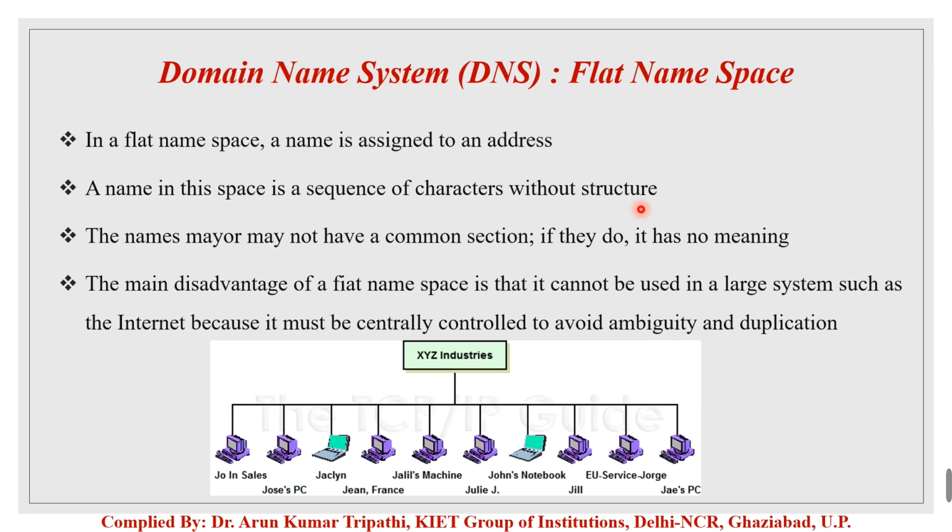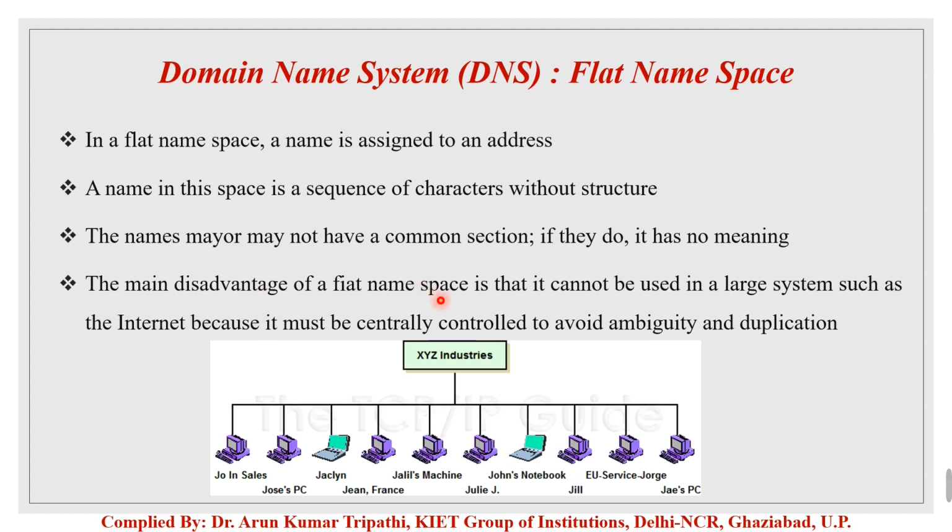So yeah, AK Tripathi I can use. So there is no convention, there is no dot. How can I come to know where the separation is? AK, A is a single word, K is another single word, or Tripathi is another single word. I don't know. So that is one of the biggest issues with the flat name space.